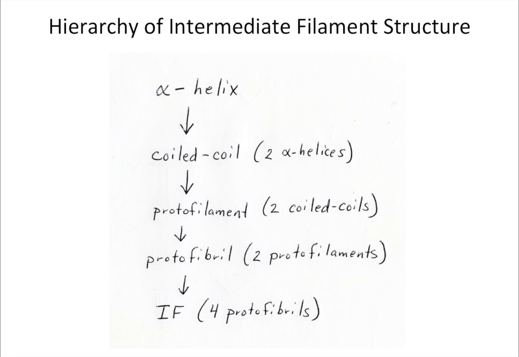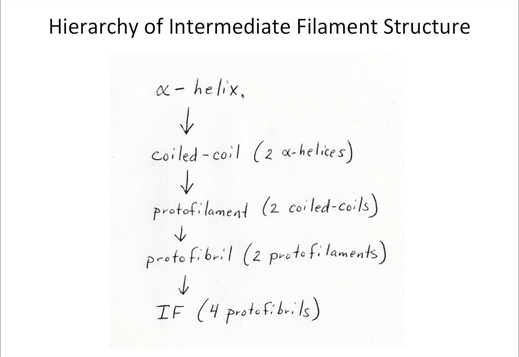Alpha keratin is a right-handed helix. If you take two alpha keratin molecules and wrap them around each other like a piece of rope, or twist them around each other, you form what is known as a coil. That's what I'm showing you on this slide here.